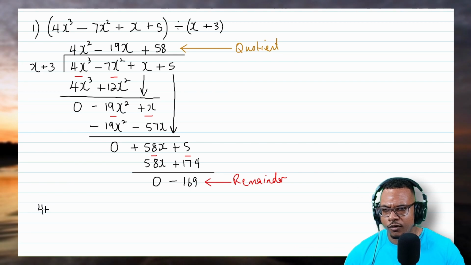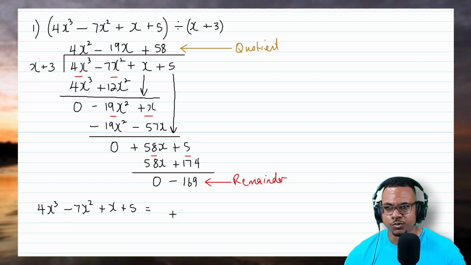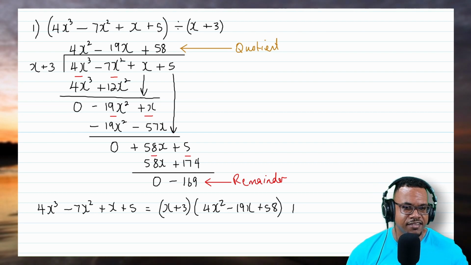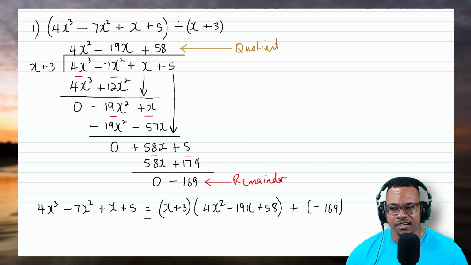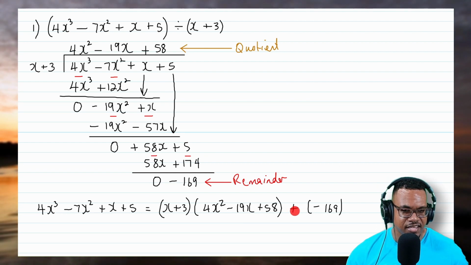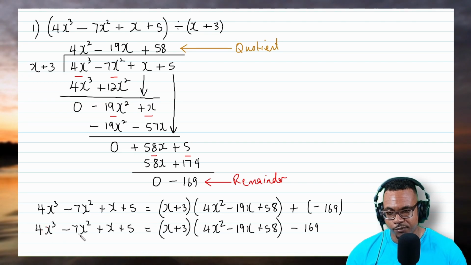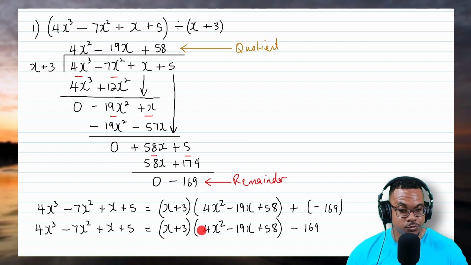So basically we have 4x cubed take away 7x squared plus x plus 5 is equal to x plus 3, that's my divisor, times my quotient, which is 4x squared take away 19x plus 58. And then we have to add that remainder, which is negative 169. And obviously, if you multiply this positive sign with this negative sign, you're going to get a negative sign. Alright, so this is what 4x cubed take away 7x squared plus x plus 5 would be equal to.